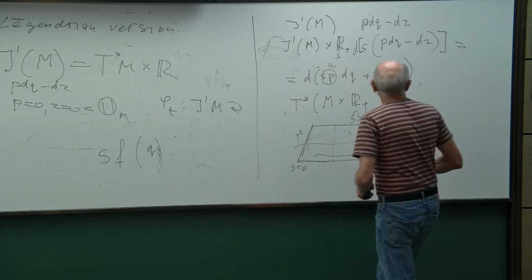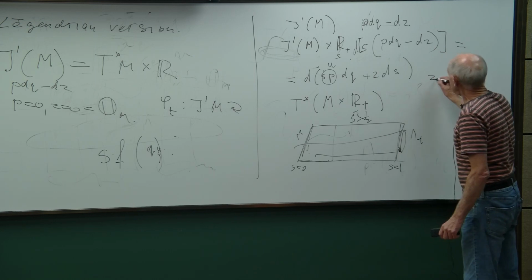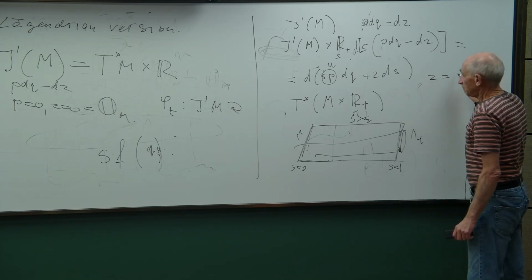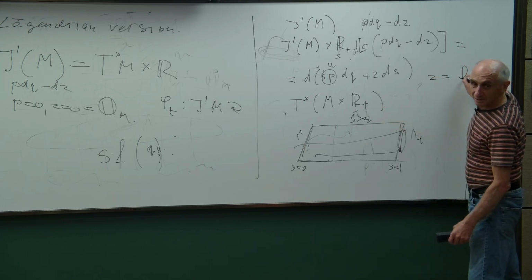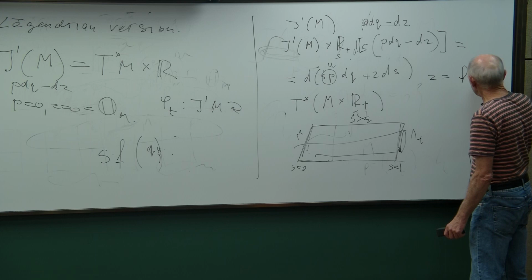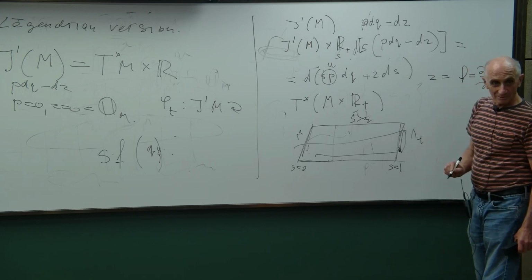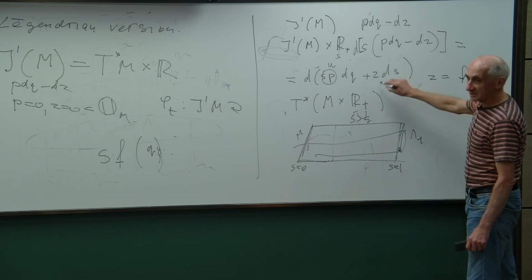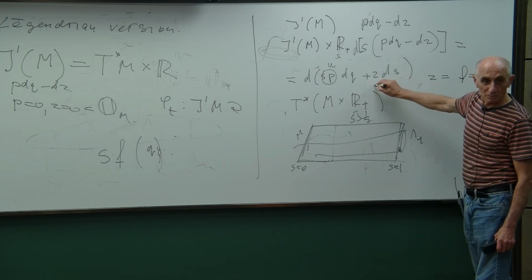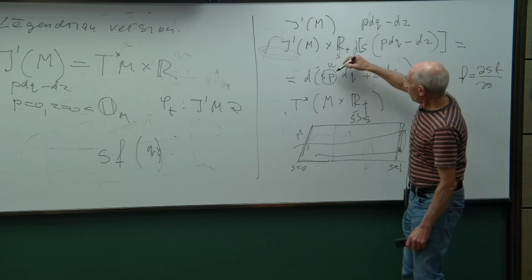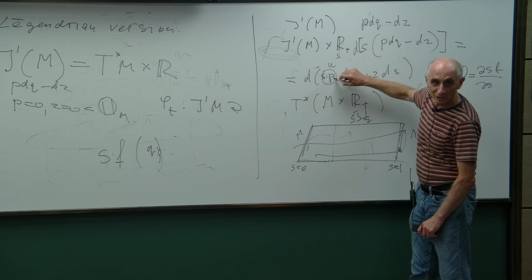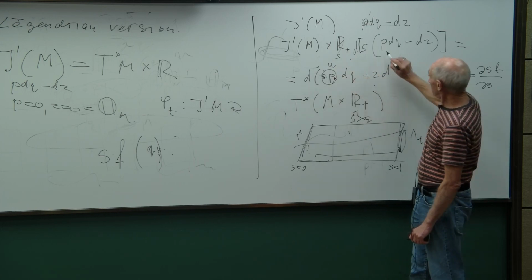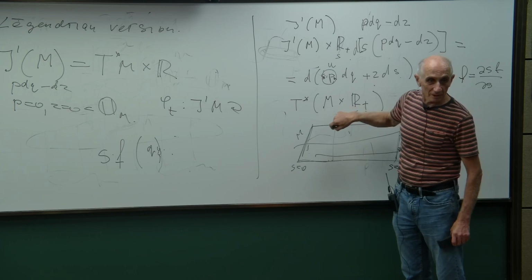Because note that z was equal to f, but f is equal to s times df over ds, right? So therefore it's exactly as it's supposed to be. So here also I have this sp. Before, this p was df over dq, but now sp will correspond precisely to this one.